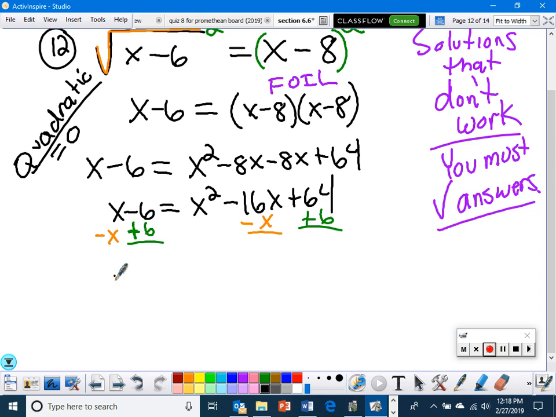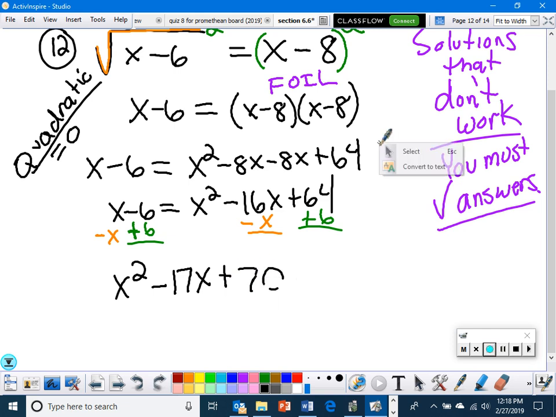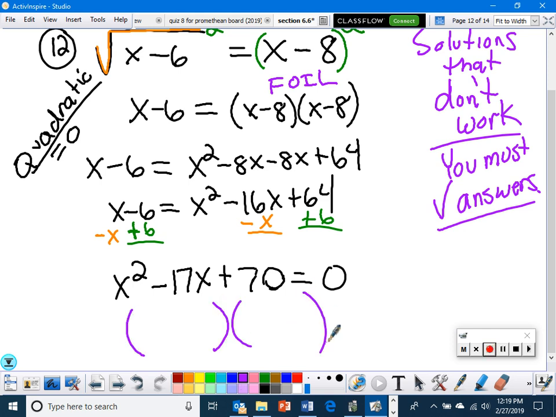So we have x squared minus 17x plus 70 equals 0. Oh no. In order to solve this, we're going to need to factor.